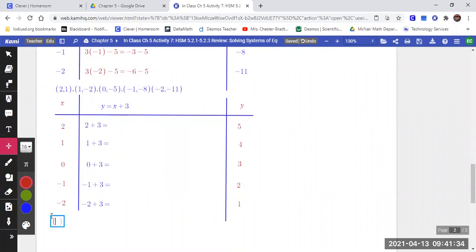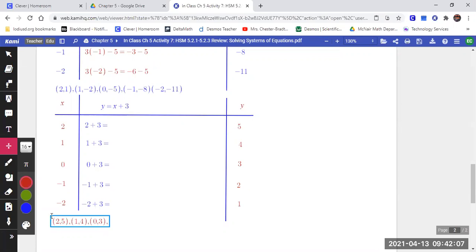And we're going to get these coordinate pairs down below. What's our first one going to say? What's our first pair going to say? Yeah, 2, 5. Parentheses. Next one. 1, 4. 0, 3.